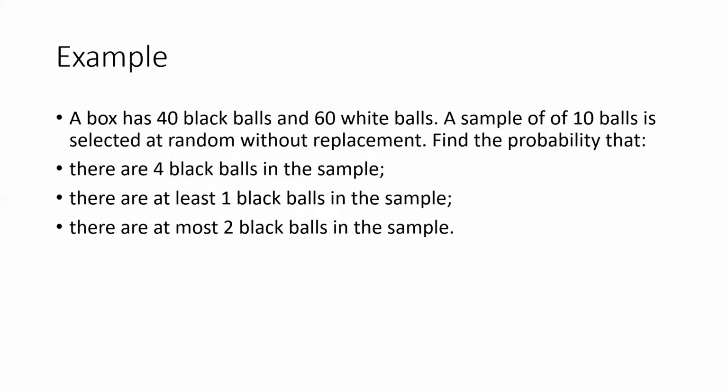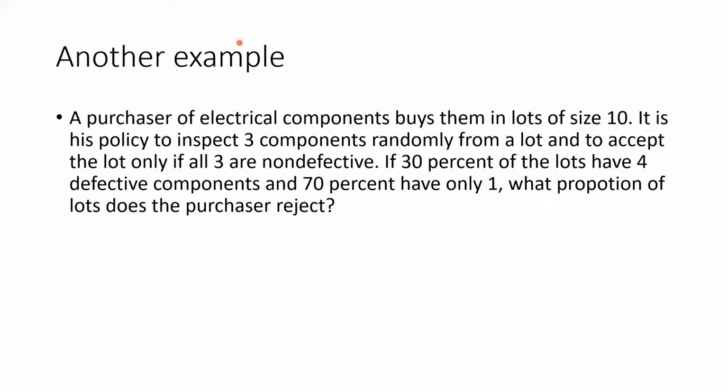The next problem is a little bit complicated. In 130, we don't do this kind of problem. In 255, maybe. So let's do that. A purchaser of electrical components buys them in lots of size 10.